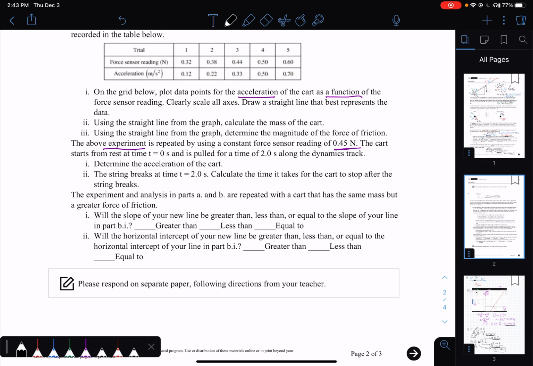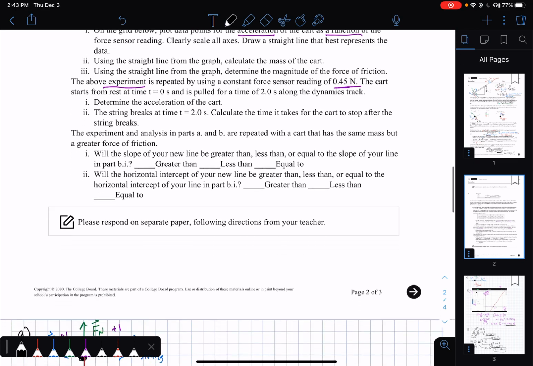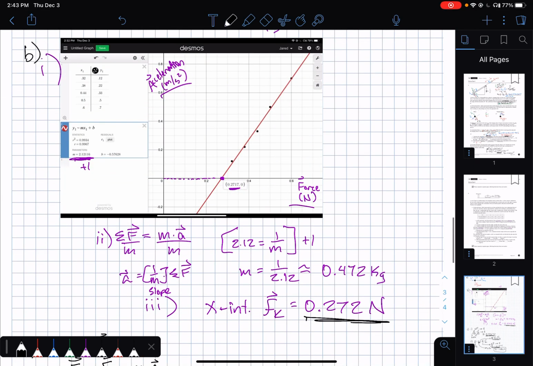So the slope of our graph wasn't determined by the friction. The slope of our graph was determined by the mass, specifically the reciprocal of mass. What's going to change is this graph would just shift over, but it would still have the same slope. It's just going to have more friction.